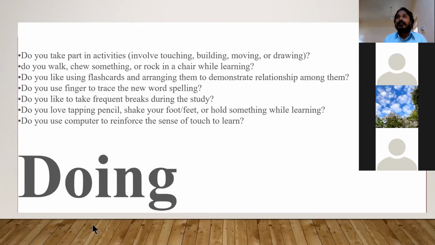So those who learn from doing something, these are habits they can't get away from. We have to keep in mind that these learners have specific habits, and the specific habits allow them to learn faster. And they use computers a lot to reinforce the sense of touch to learn.